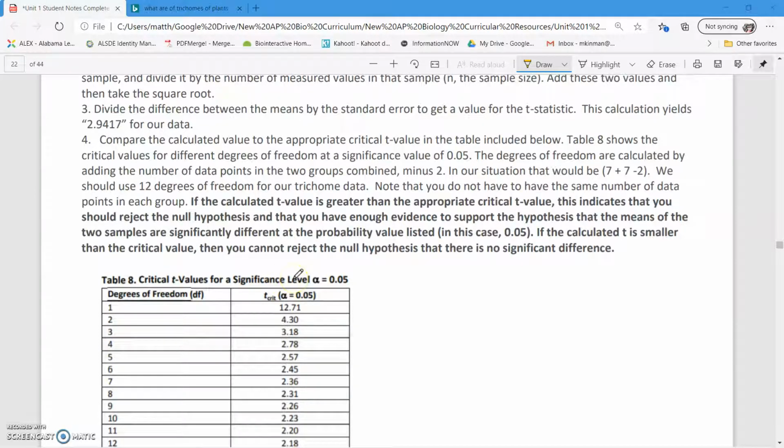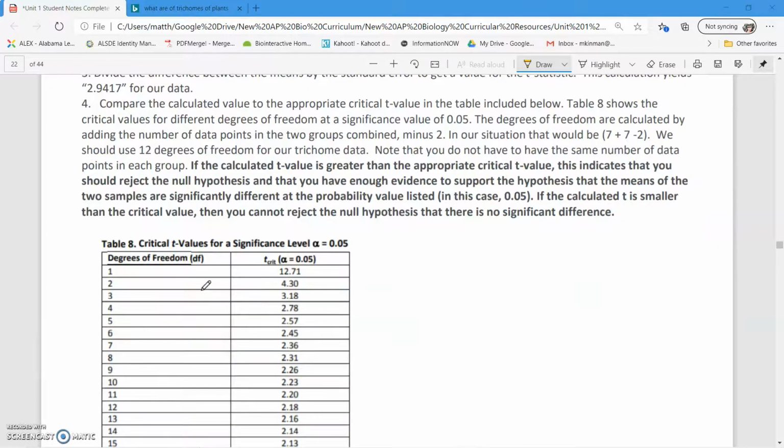All right, so here's table 8, and it's showing you all these critical values. So just like in the chi-square test, we're going to use 0.05. Now the question is, in this case, what is our degrees of freedom? The degrees of freedom are calculated by adding the number of data points in the two groups combined minus 2.